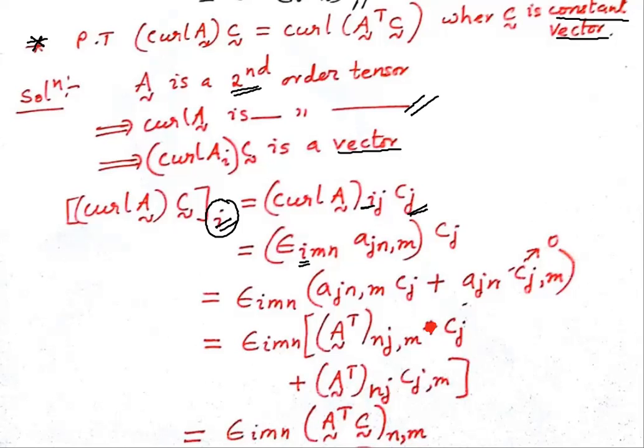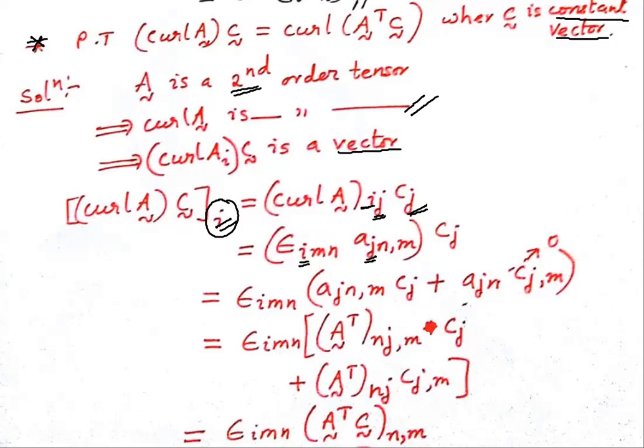Now, I want the components of the tensor A, so I'm taking small a with second suffix j. Now, we have chosen mn here, so I should take the reverse, n comma m. So, that is the definition of curl A ij.